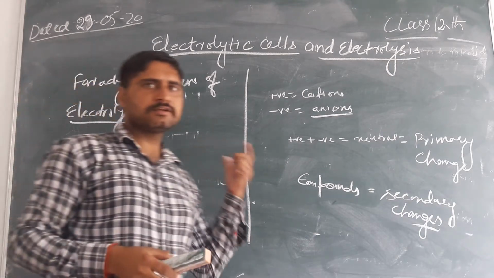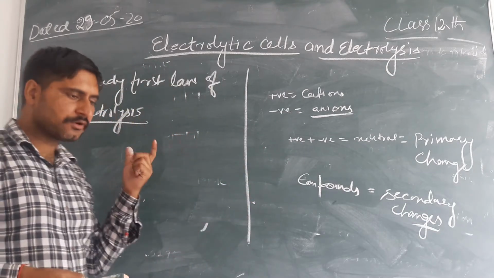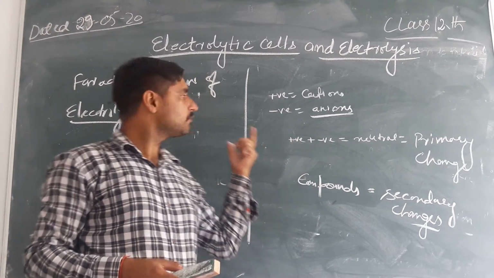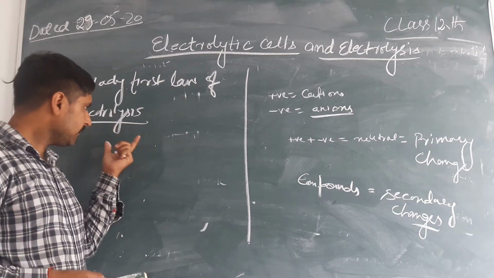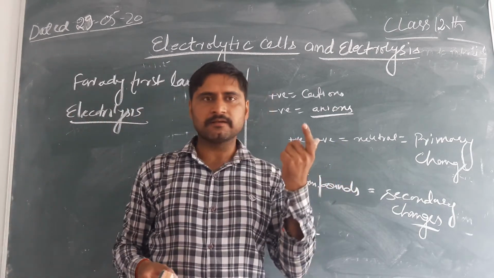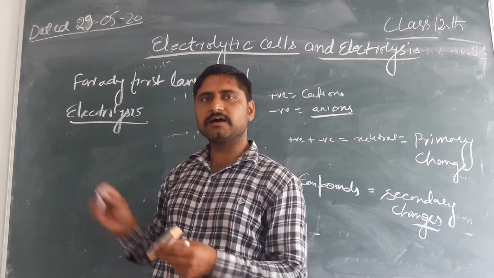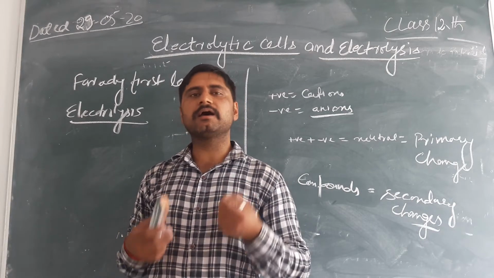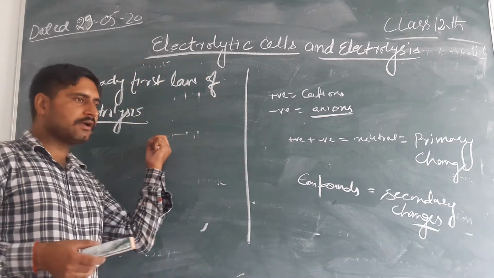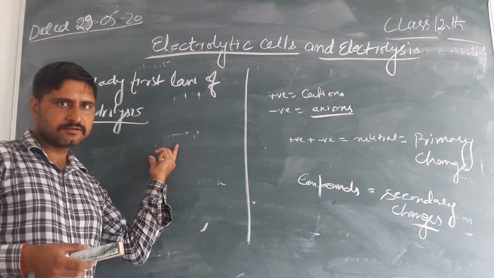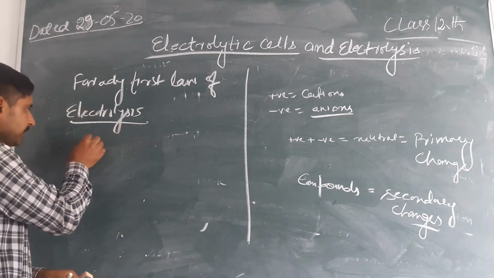What does this law actually tell? It states that when a current flows through the electrolytic solution, the amount of substance dissociated or liberated is directly proportional to the amount of charge passed.